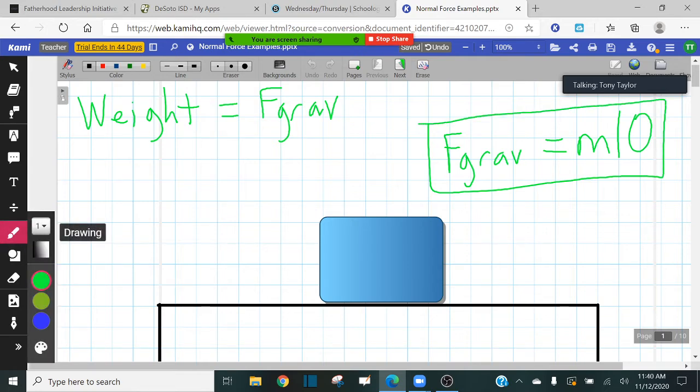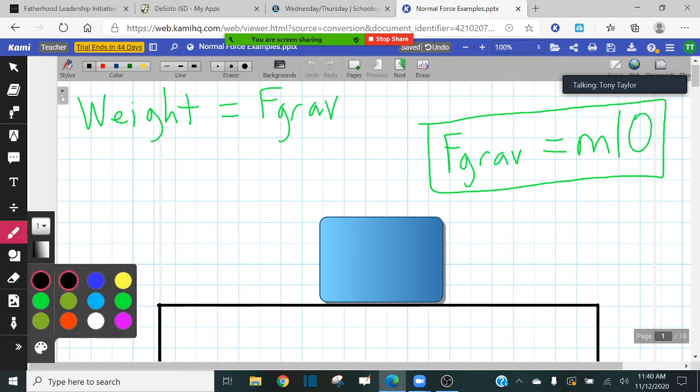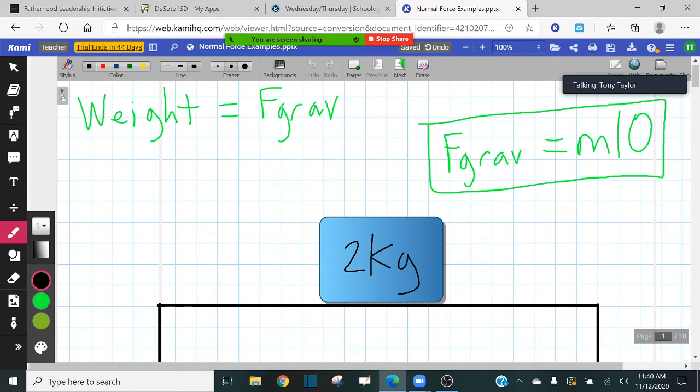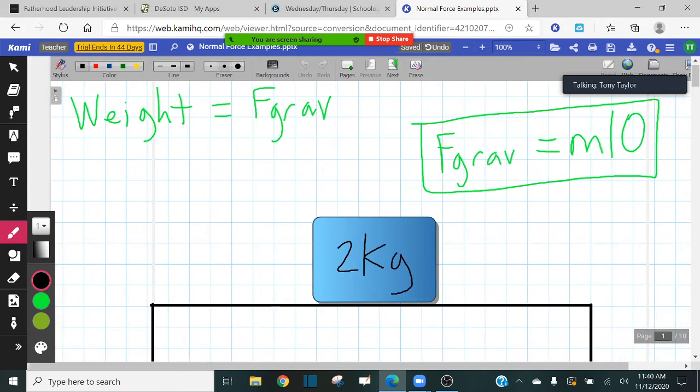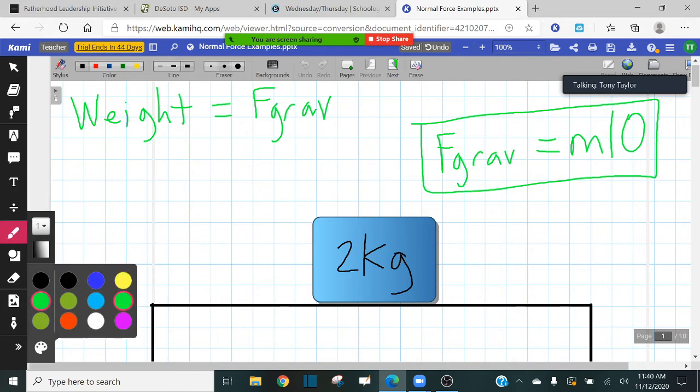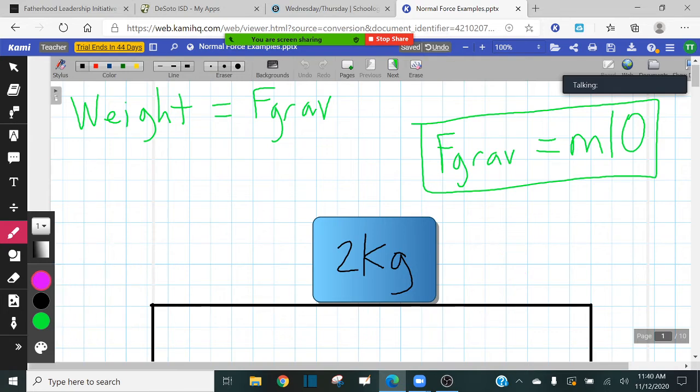So, guys, if I have this block here, and this block is sitting on the surface of this table, and let's say this block has a mass of 2 kilograms. In this case right here, what is the force of gravity acting on this block? Or in other words, what is the weight of the block here in blue? 2 times 10 is just 20.